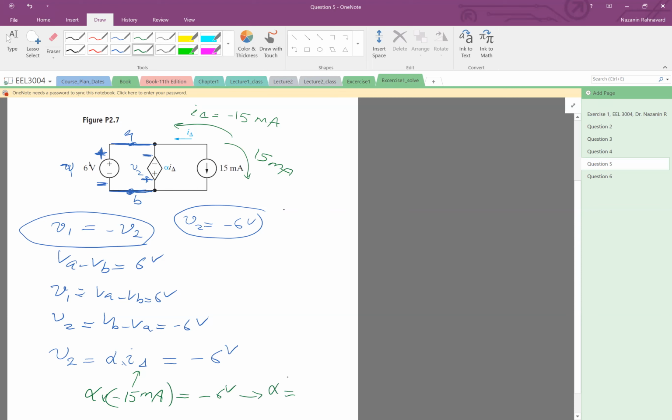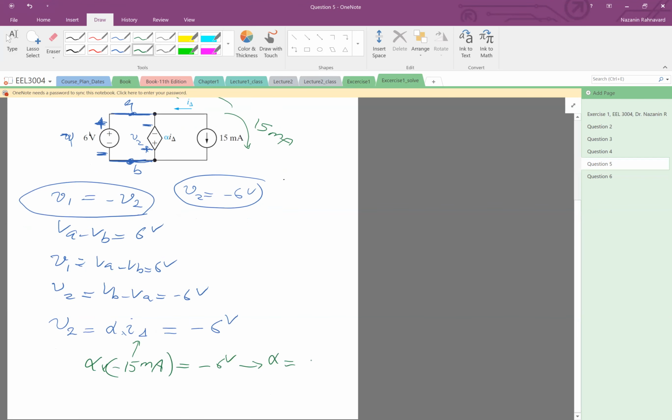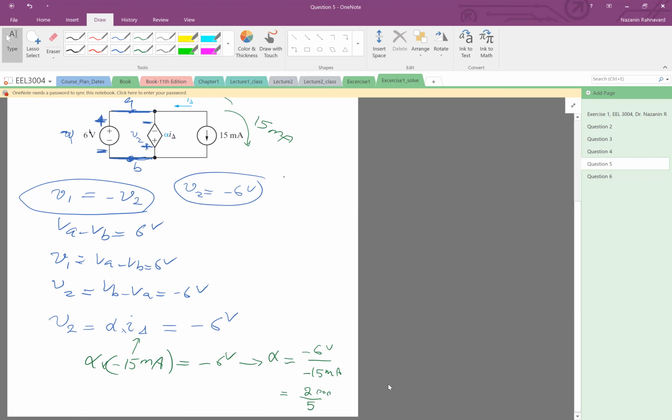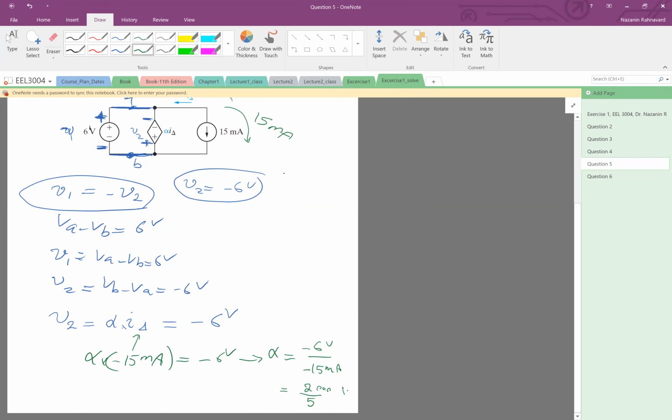From this, alpha equals negative 6 divided by negative 15 milliamp. Simplifying this, because we have milli, it becomes 2000 divided by 5, which is 400.